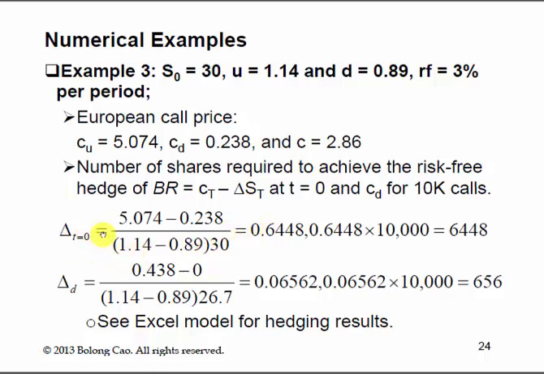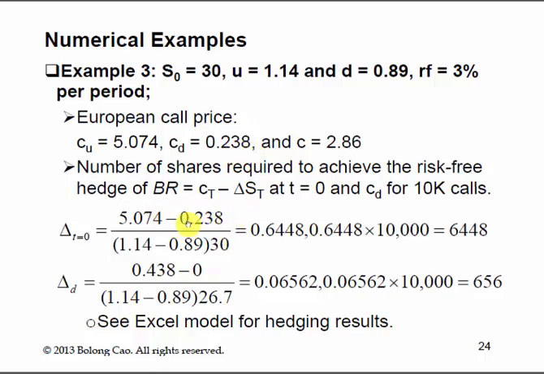So at time 0, what do we have? Two call values, right? In the upstate, 5.074, and the downstate, 0.2388.